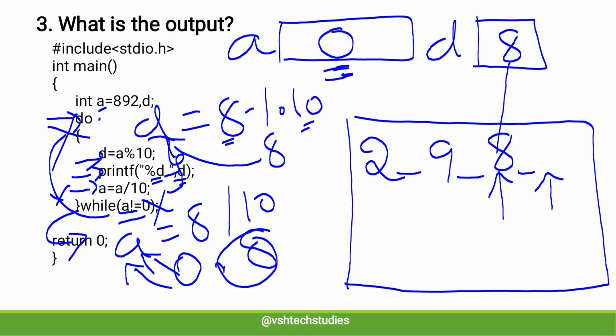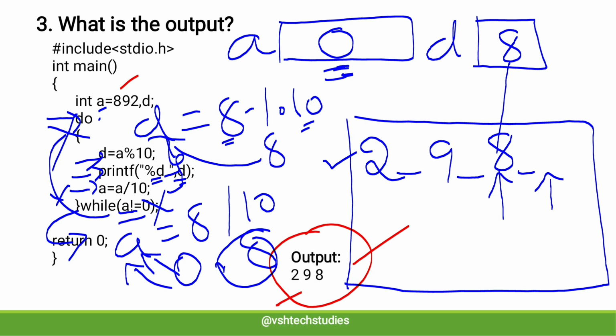Hence on the monitor we have 2 space 9 space 8 printed. So this is the output. If you observe, A is 892 and the output is 298. The number in A is just written in reverse order on the screen. So any number you give here will be printed in reverse order in this program.